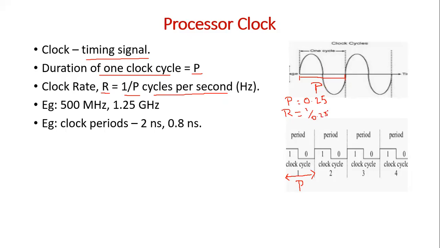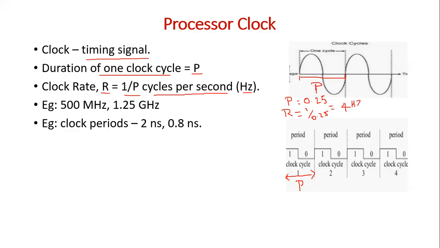It means there are 4 clock cycles in 1 second, that is, cycles per second. In 1 second, how many clock cycles are there? 4 clock cycles. Normally, we also call cycles per second hertz.